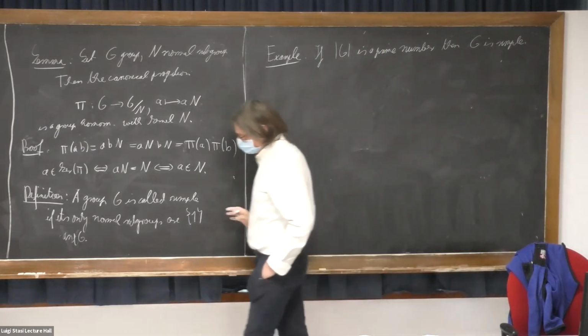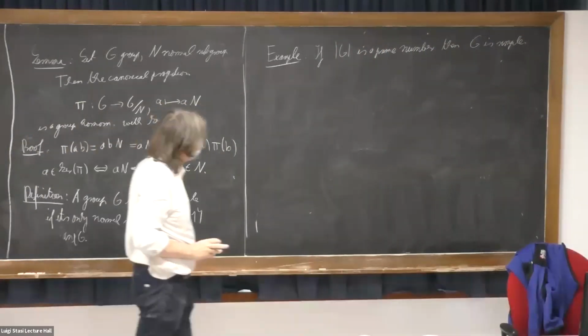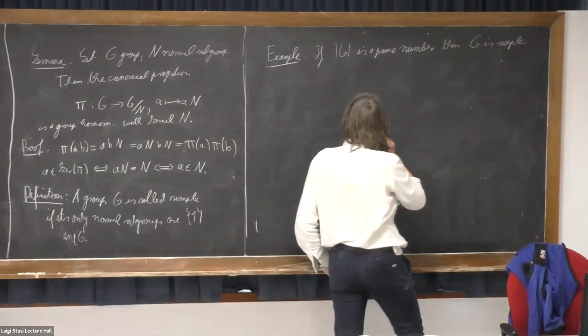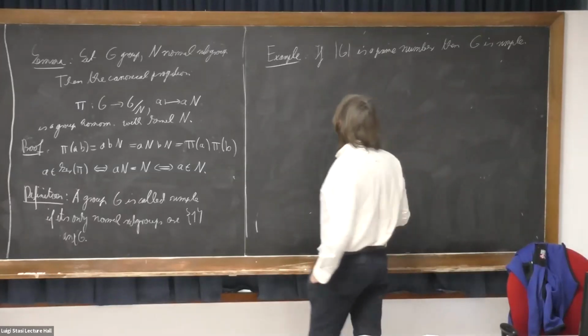This is just because we know that the number of elements in any subgroup must be a divisor of the number of elements in G, and so the only subgroups of G are G and 1.